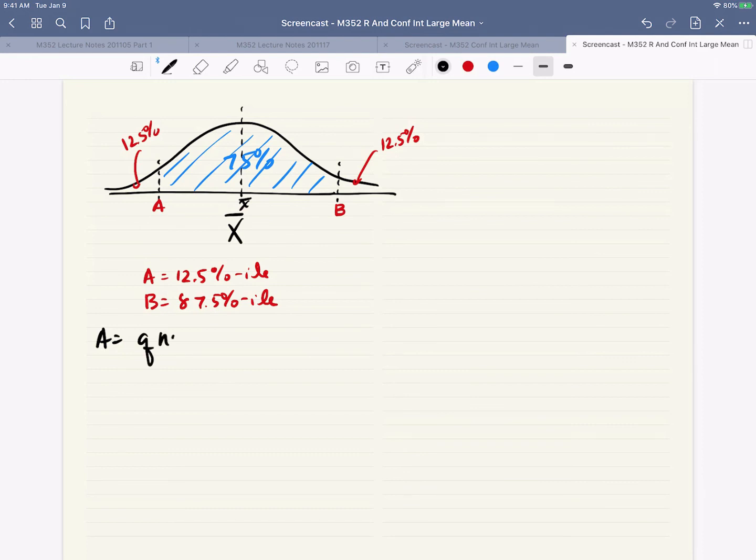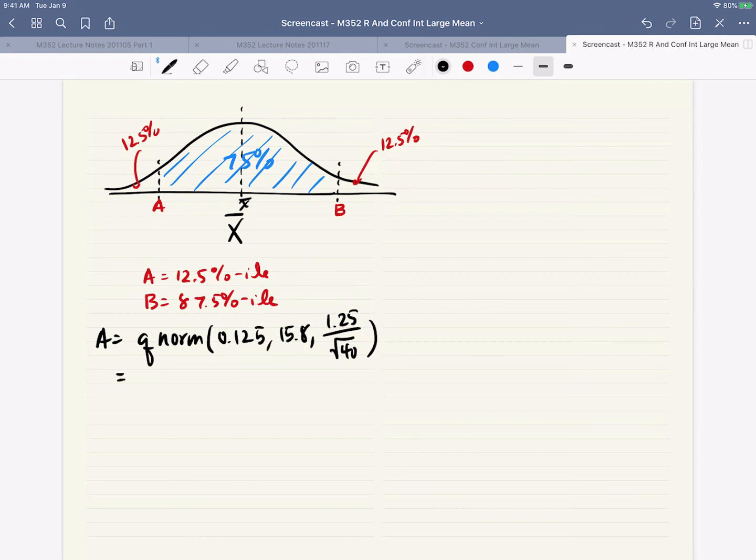It uses the qnorm command. So you put in the percentile you want, and then you put in the mean and standard deviation of your normal distribution. So in our case, our mean is our sample mean, which I believe was 15.8, and the standard deviation we are working with is 1.25 over the square root of 40, because this is how our sample mean is distributed.